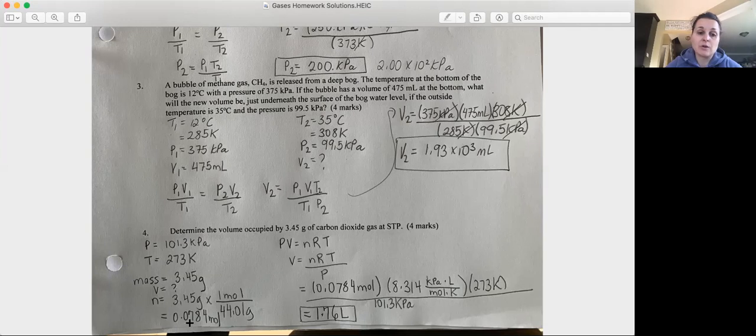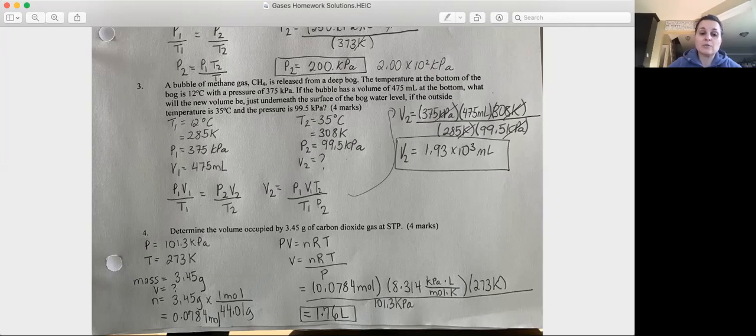Even though I just record my 3 sig figs here, I keep my full number in my calculator, put that full number in here, times 8.314 kPa liters per mole per Kelvin. That's my units for R. That's my number for R that I have to memorize, times the 273 Kelvin, divided by the 101.3 kPa, plug all that in, and you will actually see that your units do work out here.